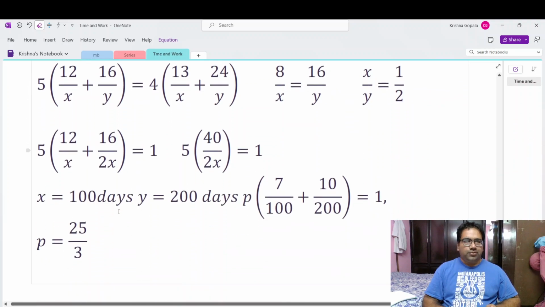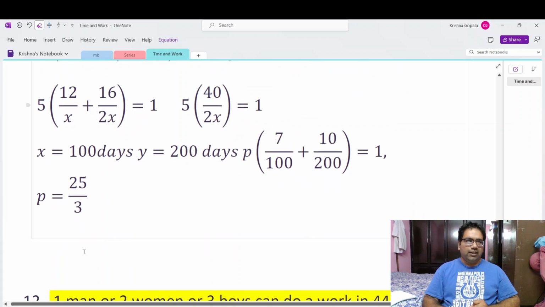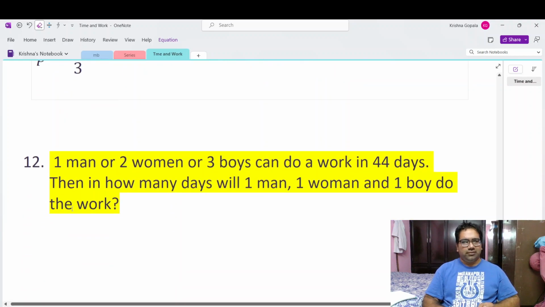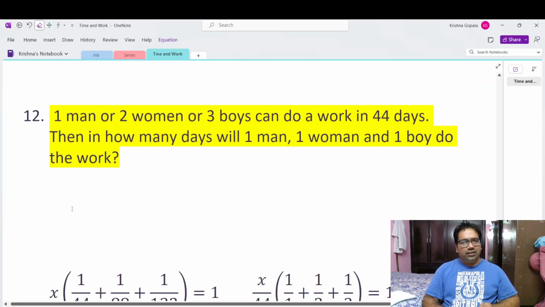And then we had substituted y equal to 2x. That means each boy takes twice the amount of days that a man takes. We substituted and found out that it is 100 days for a man, and 200 days for a boy. And we assume that P days it will take for 7 men and 10 boys. We calculate this and we found P is 25 by 3, which is 8.33. Okay, and we are here.